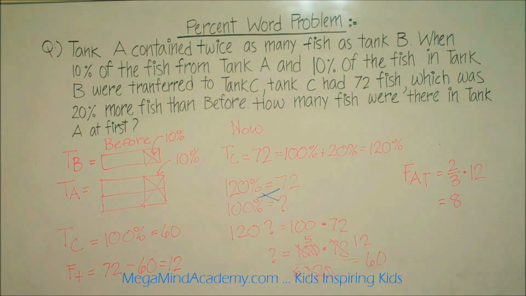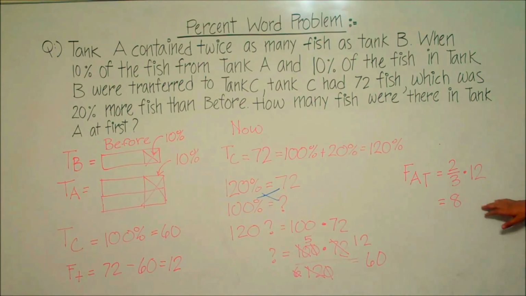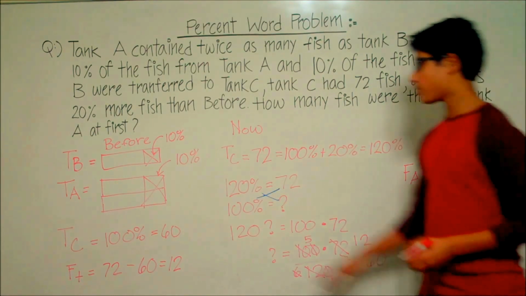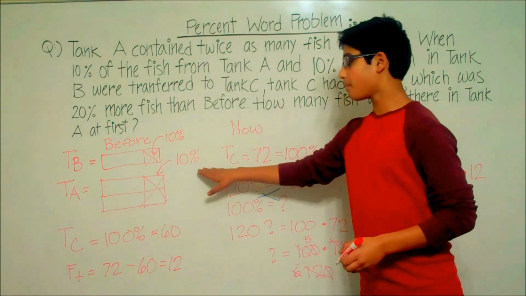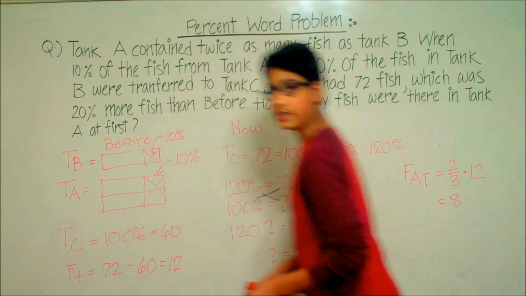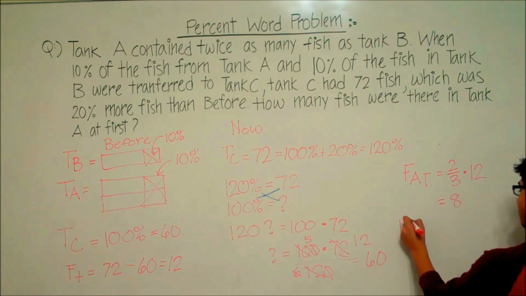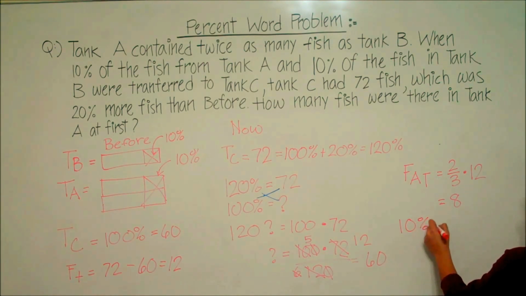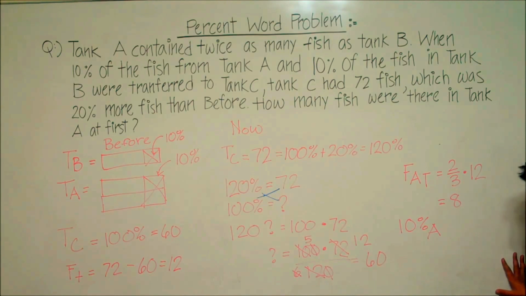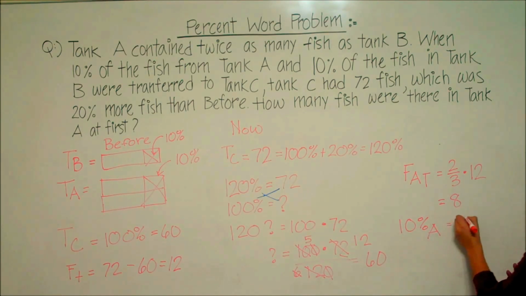So this means that 8 fish were transferred, and we know that 10% of Tank A was transferred. So this means that 10% of Tank A is equal to 8.